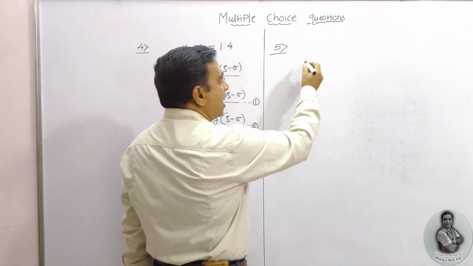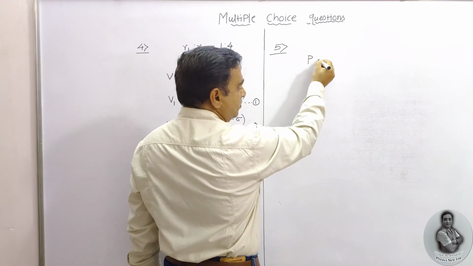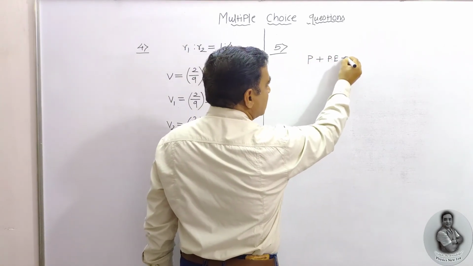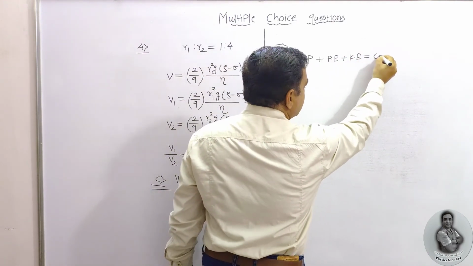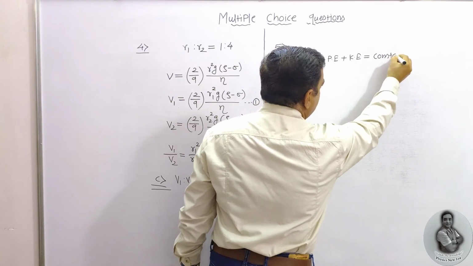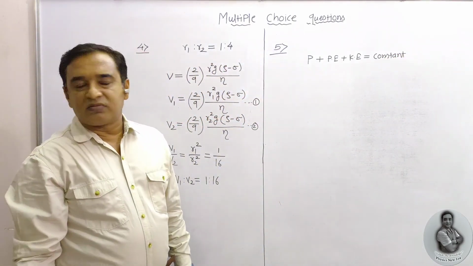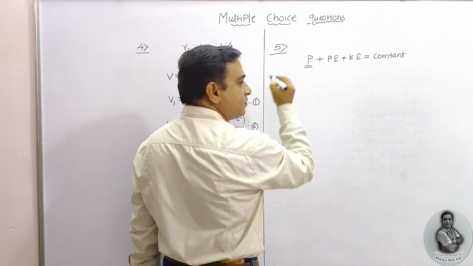We know, according to Bernoulli's principle, the pressure plus potential energy plus kinetic energy is equal to constant. That indicates what?